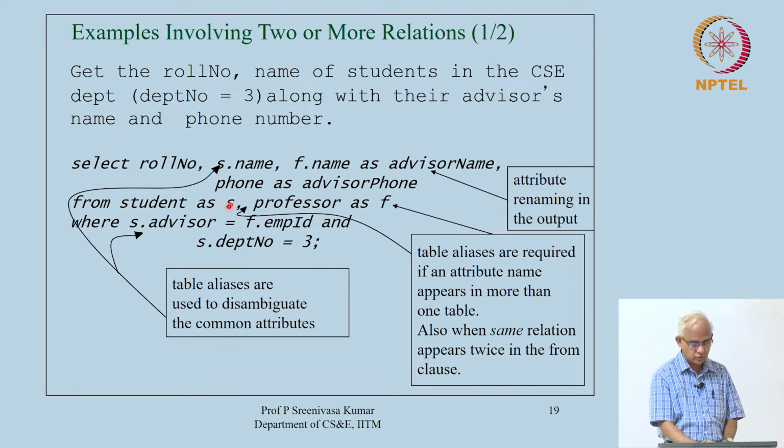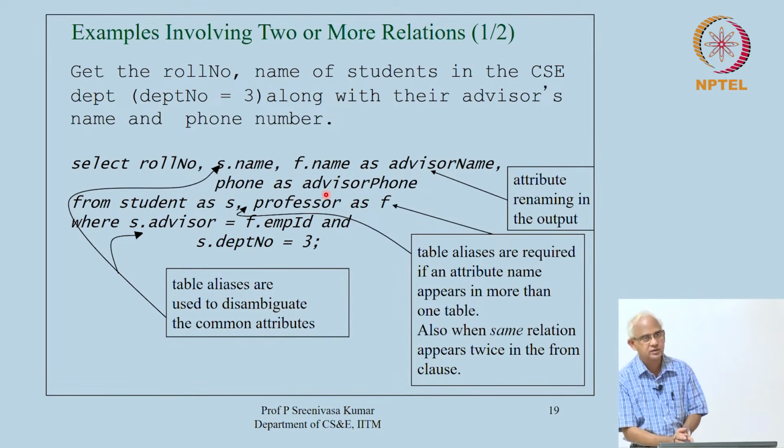In case you are using student, say, 2 times for some reason, student as S1 and student as S2, because you want to do some comparison among students, you definitely have to distinguish between the 2 uses of the same relation. So, that is when you will definitely need table aliases.